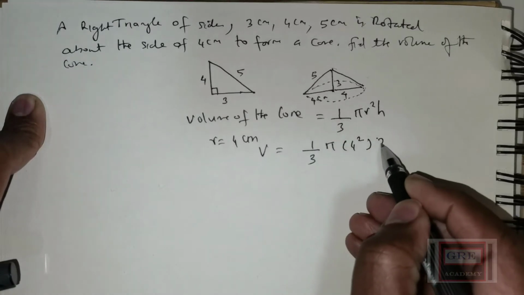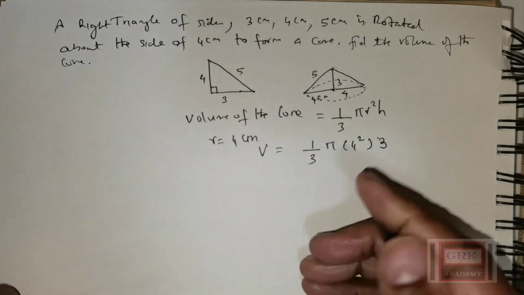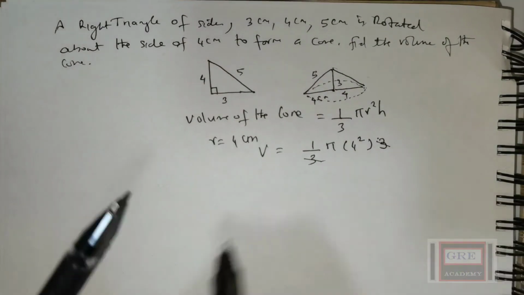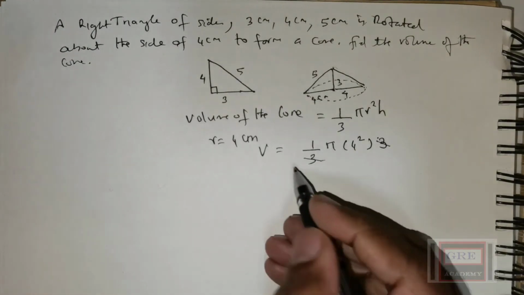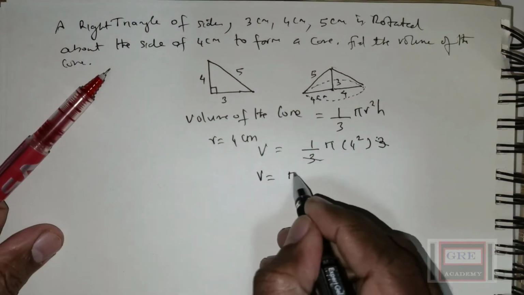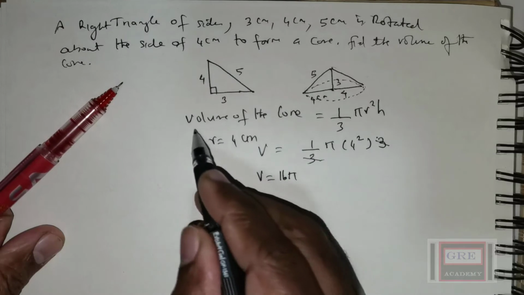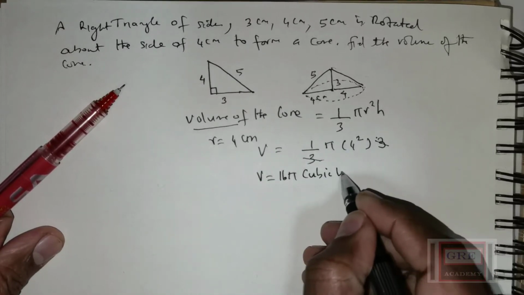My height is going to be 3 units. So what happens is that the 3 that you see here can be cancelled, giving me a quantity of pi times 4 squared, which is 16. Since it is volume, you need to have cubic units.